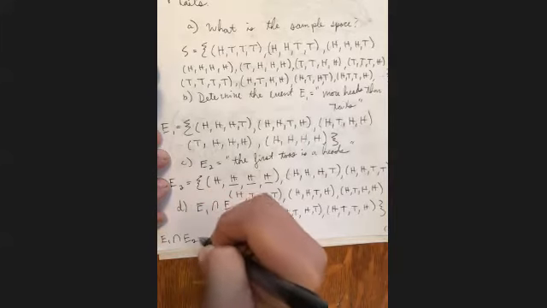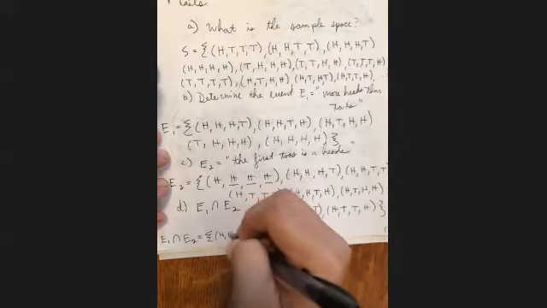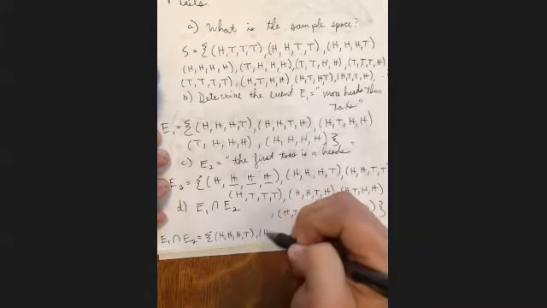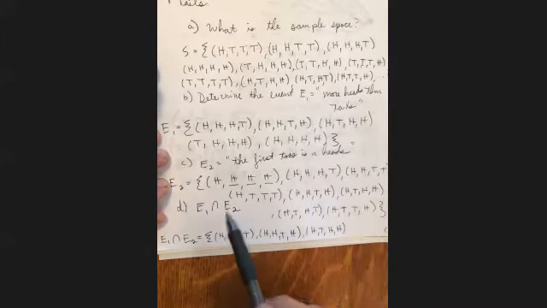So E1 intersect E2 is going to have heads, heads, heads, tails, heads, heads, tails, heads, heads, tails, heads, heads, and 4 heads, which we have in both events.